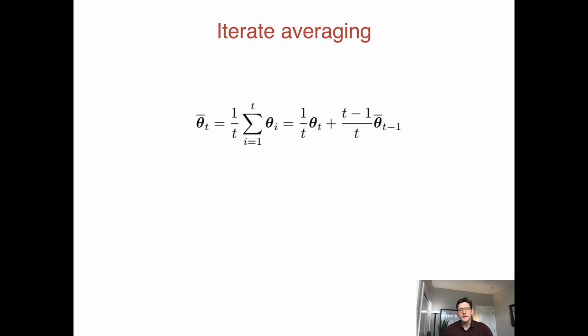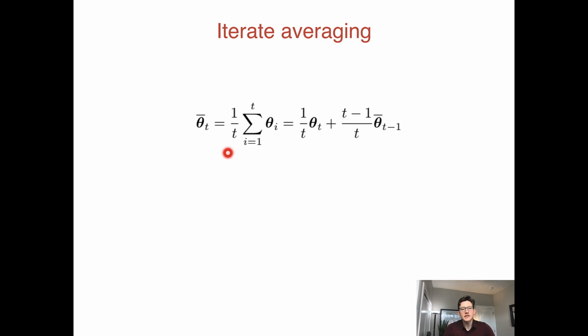Another trick that's commonly used in practice is what's called iterate averaging. That is, at iteration t, instead of just using the update we showed before, we're going to compute our derivative from the average over some number of previous iterations.